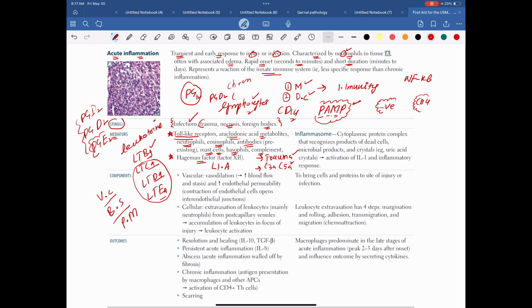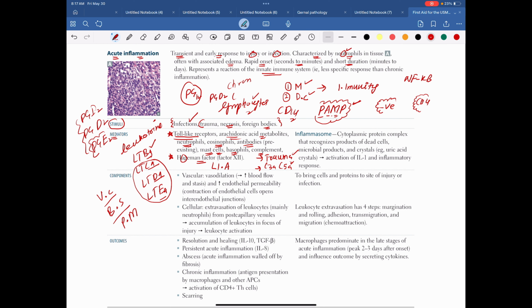It is activated when it is exposed to subendothelial or tissue collagen, and in turn it will lead to activation of the coagulation and fibrinolytic system, the complement system, and the kinin system. So these are the important points you have to remember about the Hageman factor. If they ask you how Hageman factor is activated, simply say by exposure to subendothelial or tissue collagen.